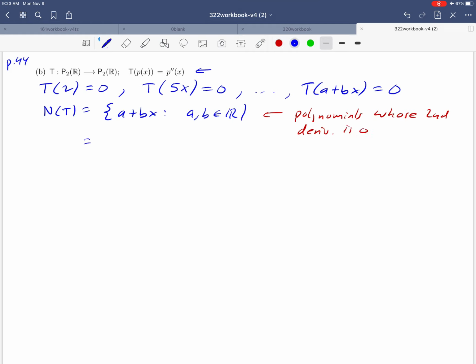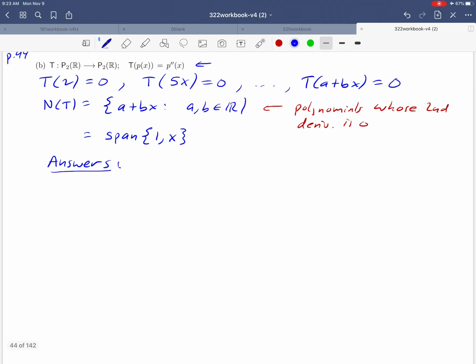If you break it down, we can write any first degree polynomial as a linear combination of just 1 and x. So that forms a basis for the null space and puts us in a situation where we can answer the questions that they're asking us.